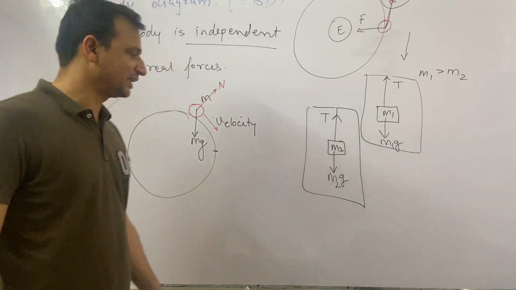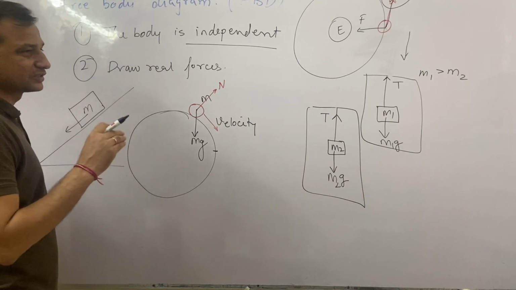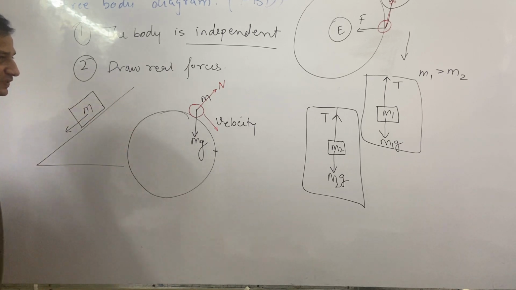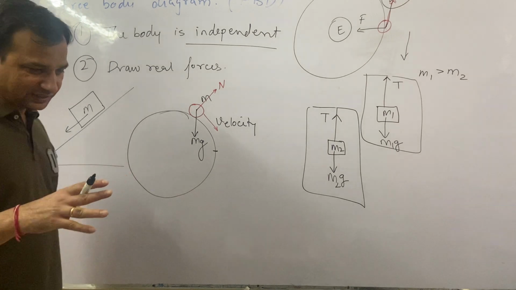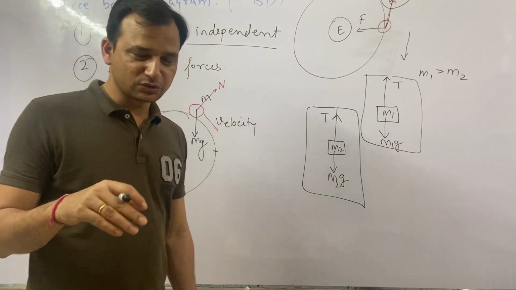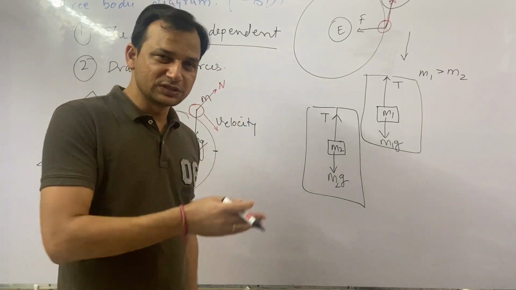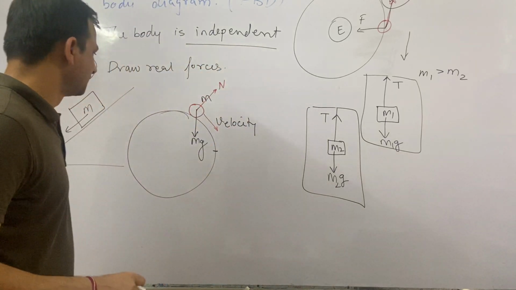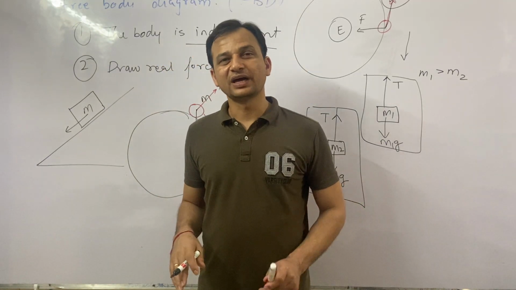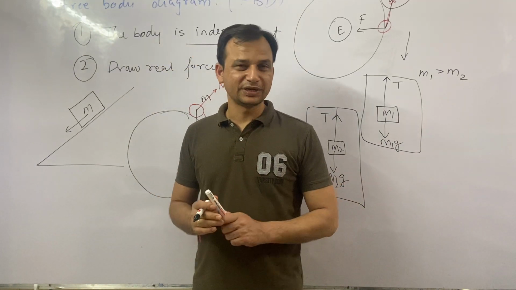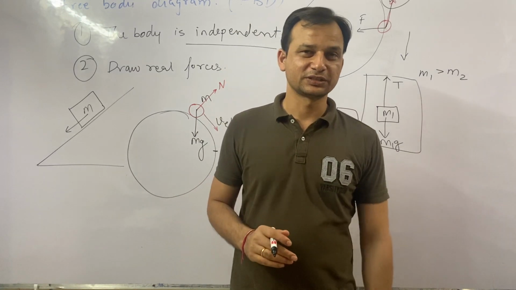Mass may be accelerating or mass may move with constant velocity. If you have already studied the mass moving down the slope, then you know that the component of weight pulls the mass downward. But in case of free body diagram, we are not drawing the component of forces. We should draw only the real forces.